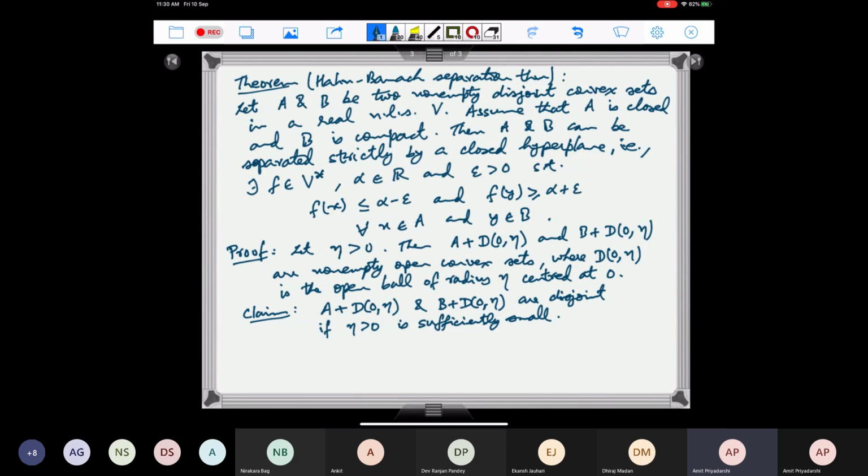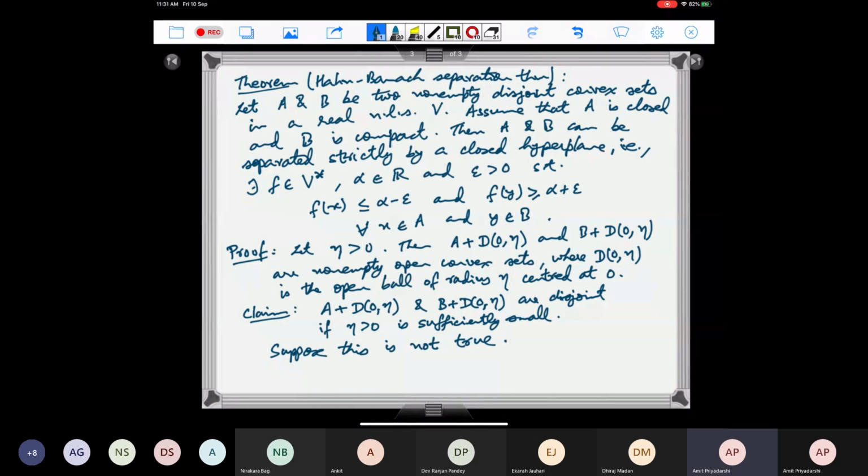So why is this true? Suppose this is not true, then what happens? Then for every eta, these sets are not disjoint, so there exists some point which is in both of these for any eta. In particular, if I take eta equal to 1 by n, then corresponding to that I'll get some point in the intersection.